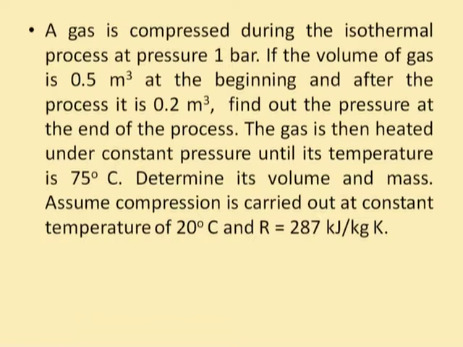The gas is then heated under constant pressure until its temperature is 75 degrees centigrade. Determine its volume and mass. Assume the compression is carried out at a constant temperature of 20 degrees centigrade and take R is equal to 287 kilojoule per kg. So let us try to solve this.